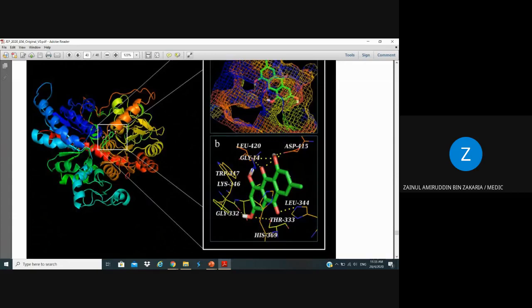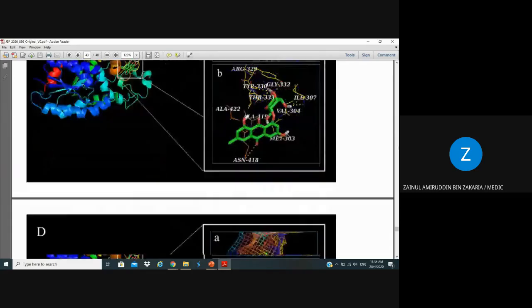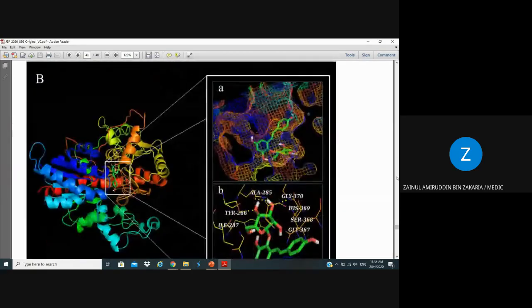From the binding, the computer will tell you the energy of the binding, so it can predict the effect based on the binding of the compound using the computer software model.